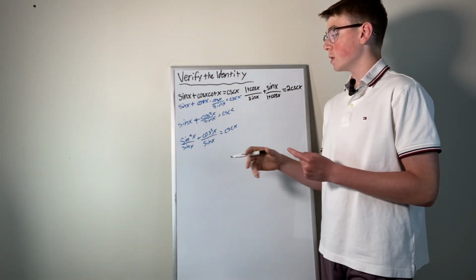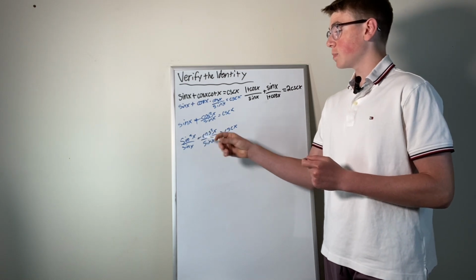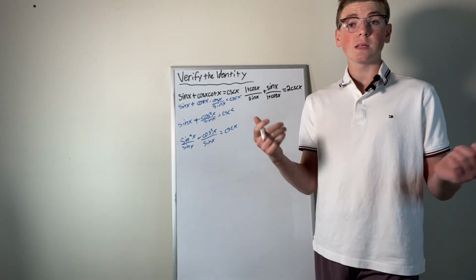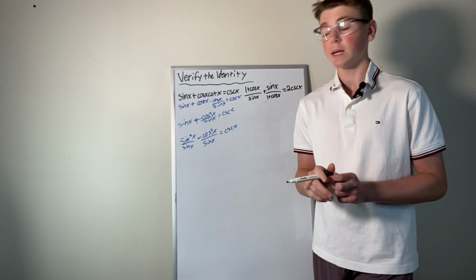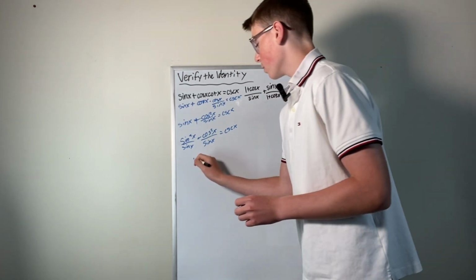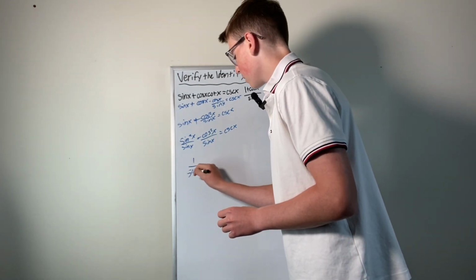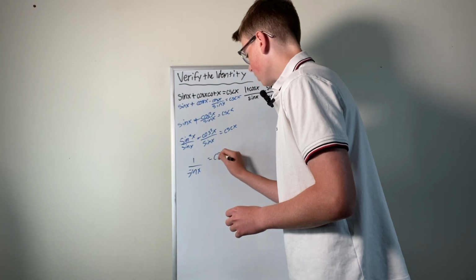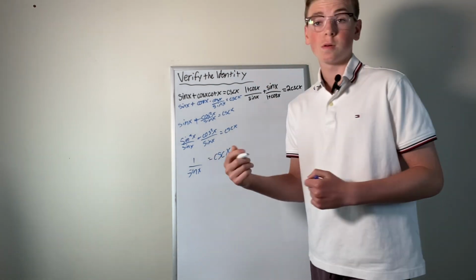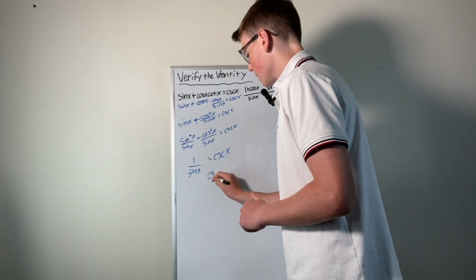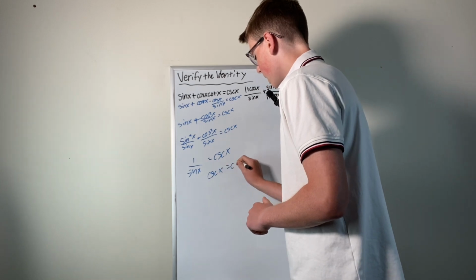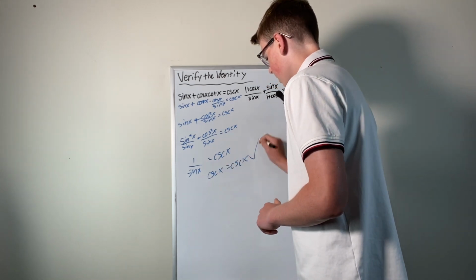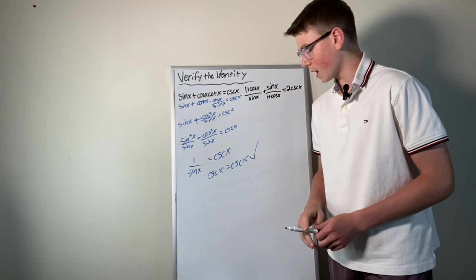Now, what you can do is sine squared x plus cosine squared x is equal to 1. That is our Pythagorean identity, and that'll just be 1 over sine of x equals cosecant of x. 1 over sine x is equal to cosecant of x, so cosecant x equals cosecant x. That is correct. We just proved that identity.